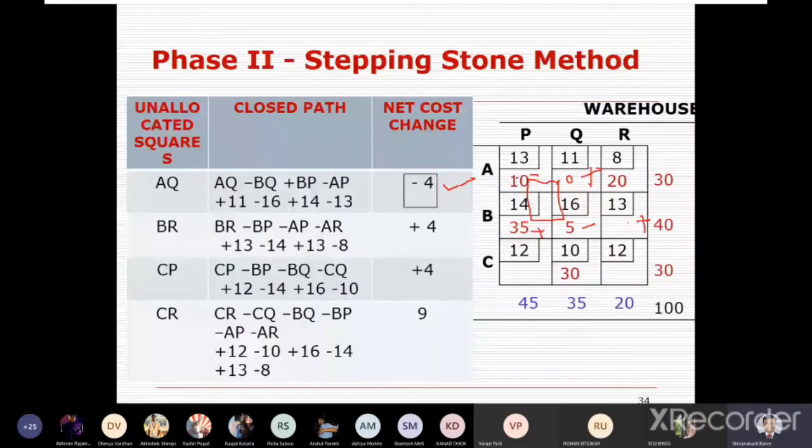Like this, you are getting the closed path. In between you may also get allocations, but don't consider those allocations. Only consider the corner allocations. In between, if there is a 5, don't consider this 5, because this 5 is not a corner when you are preparing the closed path from BR to BP.